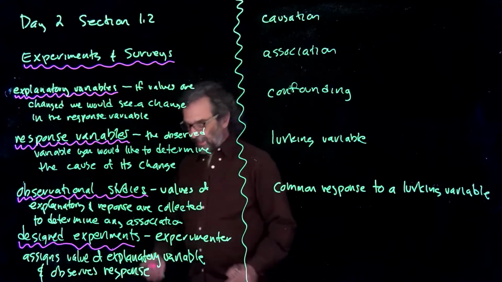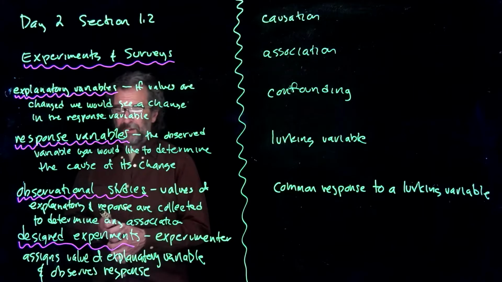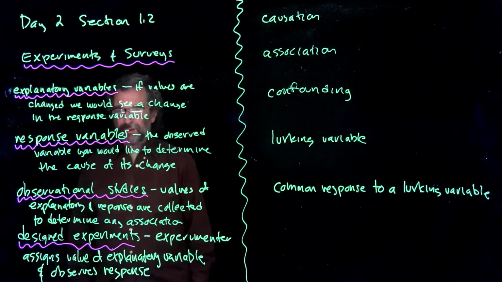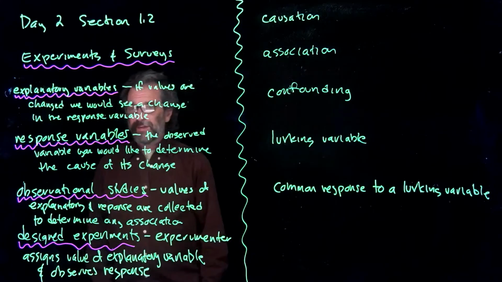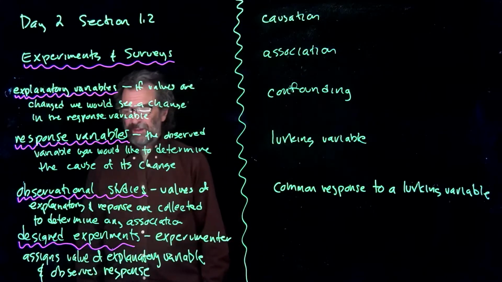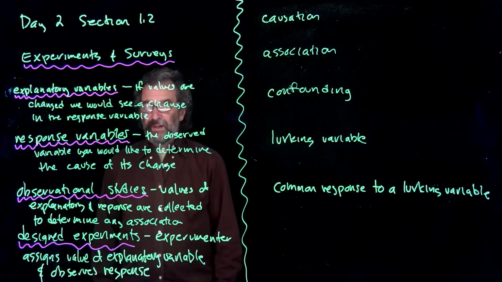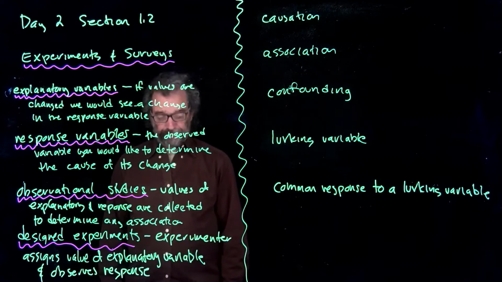So in a designed experiment, you would say, okay, what I'm going to do is I'm going to be in control. Say it's the police car experiment again. I'd be the one as the experimenter to decide when the police cars are posted on the highway, and then I would look later on to see where the accidents were.